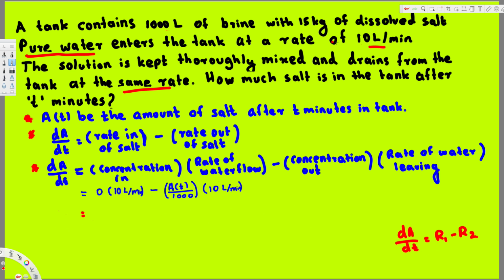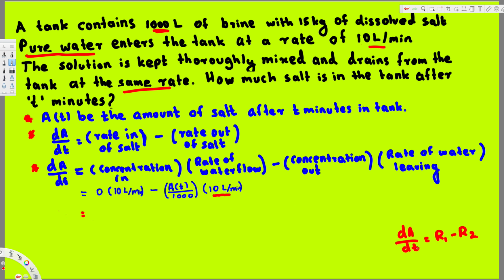So the water is coming in with 10 liters per minute, and it drains at the same rate, so it's leaving also with 10 liters per minute. That's why we multiply by this one. So we divide the amount of salt by the volume, 1000 liters, right? And that's how we got the concentration.